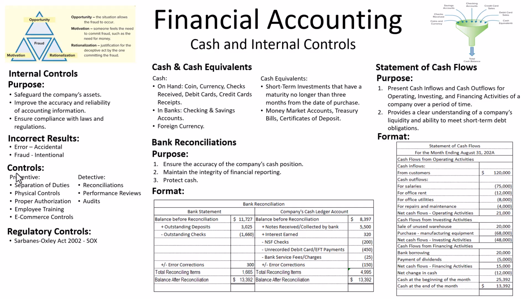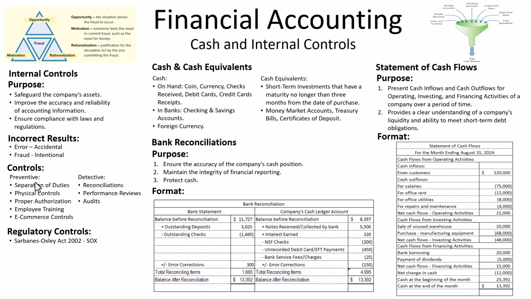To minimize risk, companies have both preventative and detective controls. Key preventative controls are the separation of duties, physical controls like cameras, having proper authorization, employee training, and controls related to e-commerce.